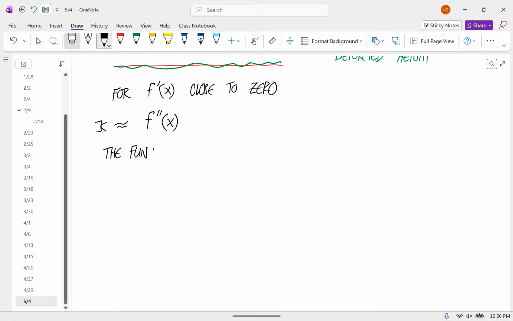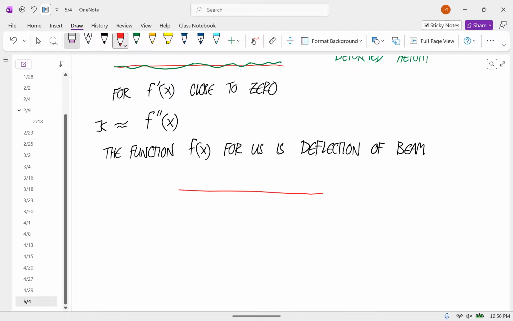The function f for us is the deflection of the beam, and so like if this is your original beam and this is your deformed beam, so red is undeformed, black is deformed, then the deflection is this.